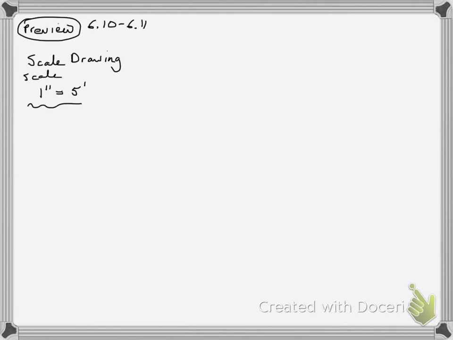The left side number represents the drawing, and the right side number represents the actual item, or reality, I should say. So maybe I could say 1/4 inch equals 50 miles on a map, or something like that.